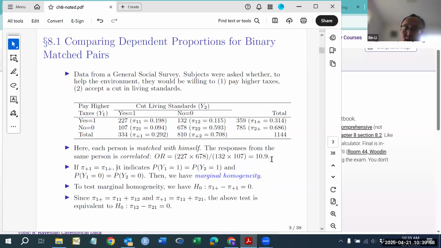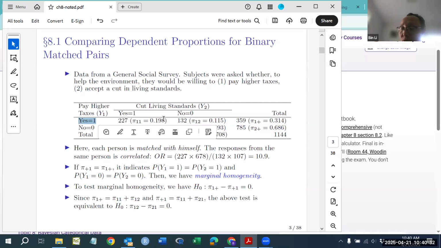That's the odds ratio, meaning the odds of answering yes for question 2 for a subject who answers yes for question 1 is almost 11 times as high as for a subject who answers no for question 1, right?